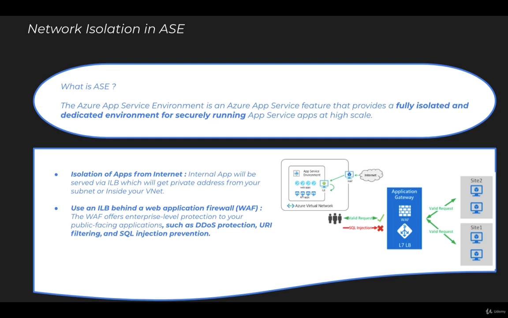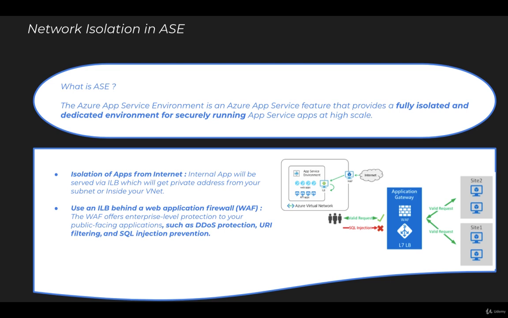The web instances in ASE get a private address from your VNet only, because App Service Environments are deployed within the virtual network, within the subnet, and they have access to the virtual network resources.